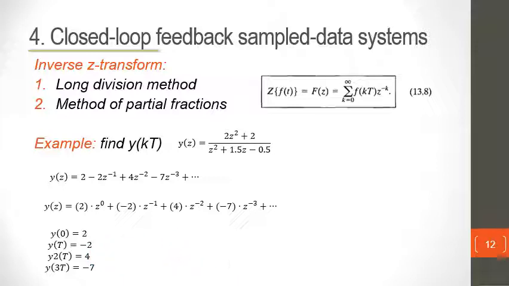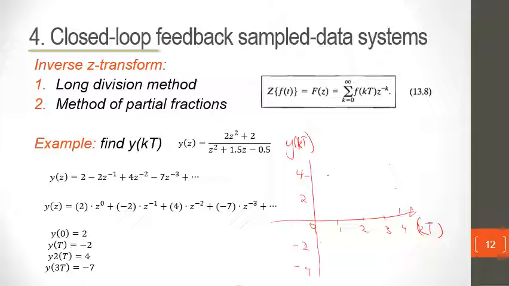So we can use this to plot our output on some graph. Let's say we plot y(t) on this axis, and on the horizontal axis we have 0, 1, 2, 3, 4, and this is k, or kT.